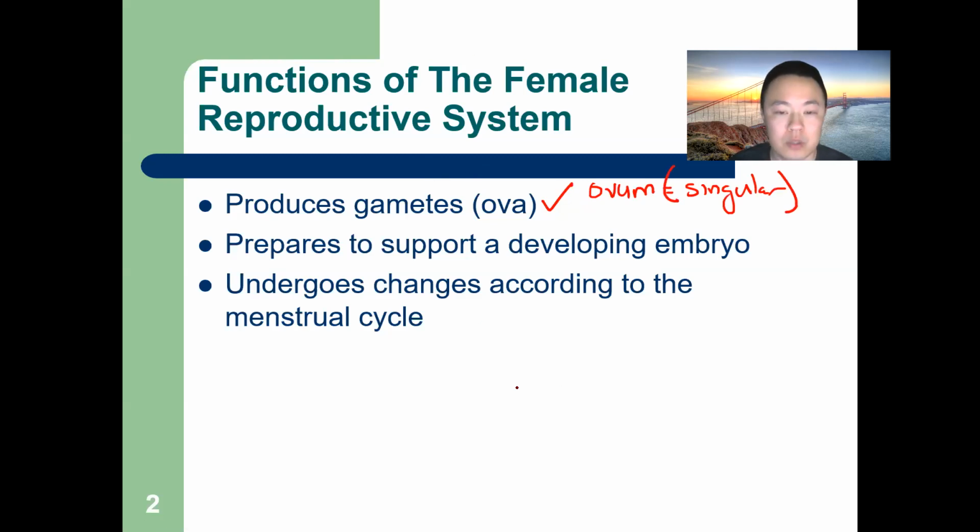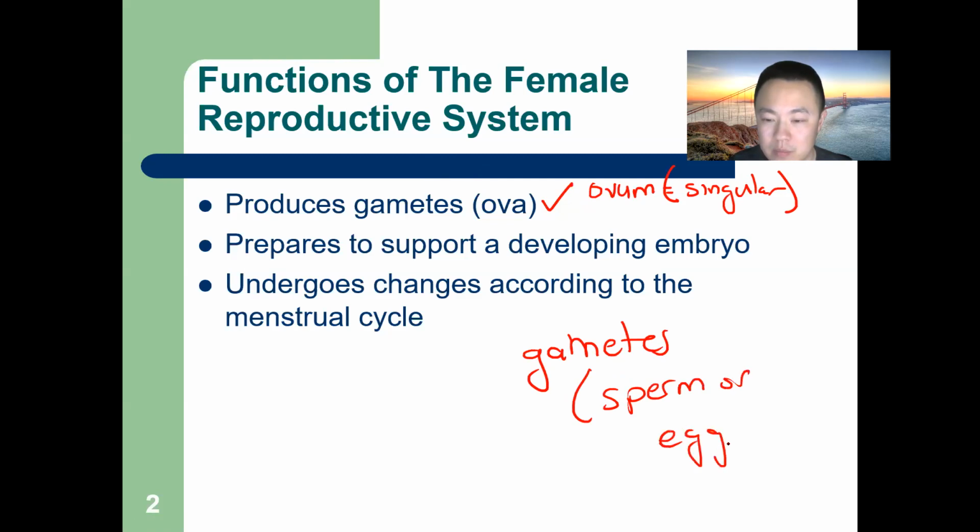Again, gametes is the umbrella term for sperm or egg. Now, the function of the female reproductive system also includes preparing to support a developing embryo, as well as undergoing changes according to the menstruation cycle.